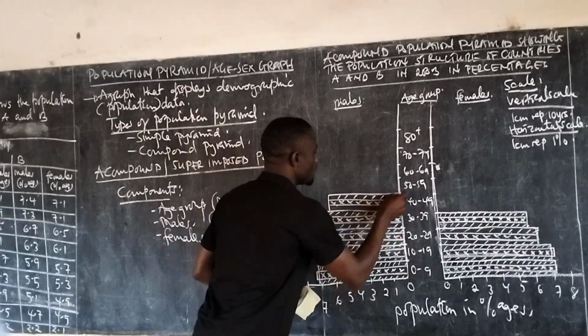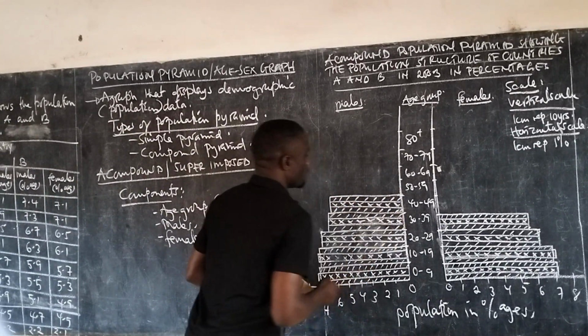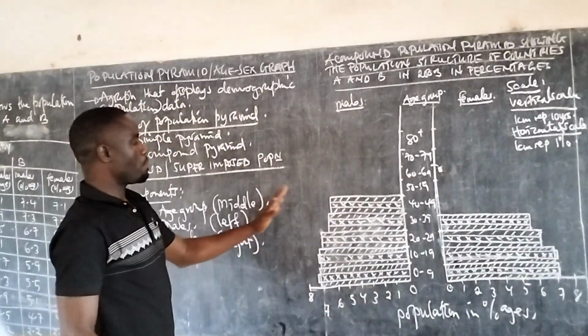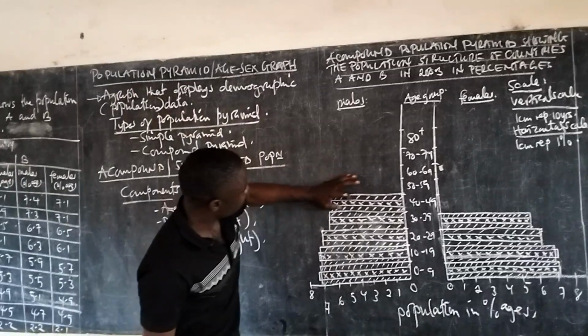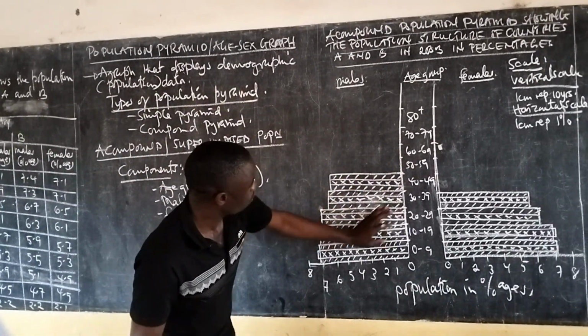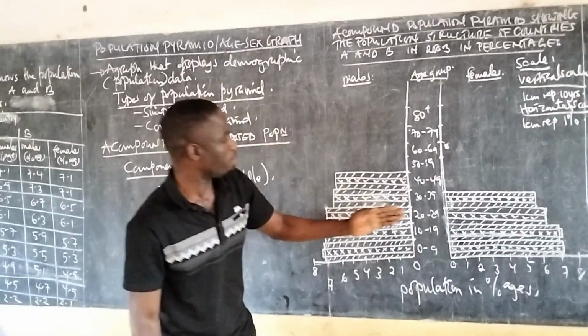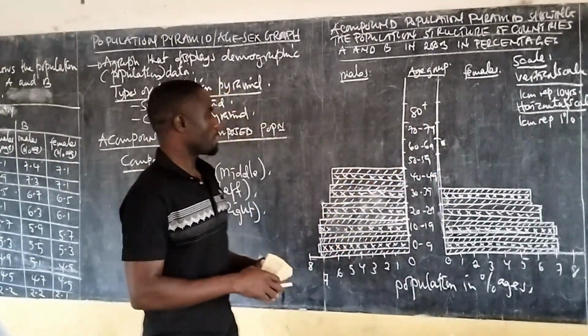I hope we are using one stone to hit two birds at a go. For those people who don't know how to draw a simple population pyramid, the first plotting is for simple. If I rub this middle horizontal bar, I am going to leave the population pyramid for one country. If I rub the middle, it becomes compound if we put in another item.